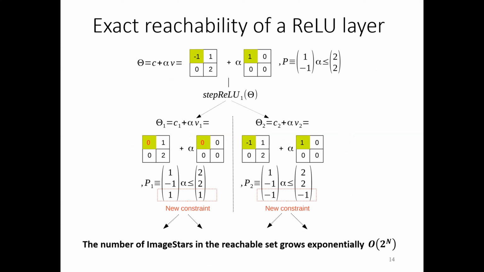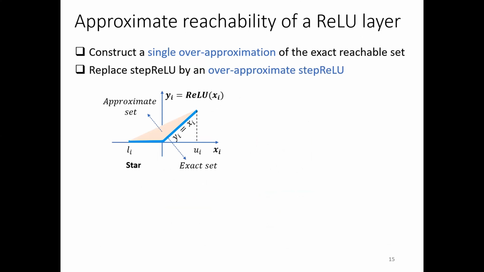So we can see that in the exact reachability of a ReLU layer, after one step ReLU operation, one single image star can split into two new image stars. In the worst case, the number of image stars in the reachable sets grows exponentially. To prevent the explosion in the number of image stars in the exact reachability, we propose an over-approximation method to construct a single over-approximation of the exact reachable set of ReLU layers.